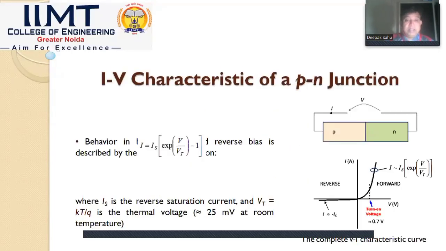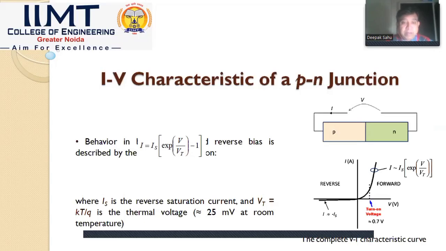Now, this is the basic diode equation. We all know I equals Is times exponential of V by Vt, minus 1, where Vt is the thermal voltage, and at room temperature it is approximately 25 to 26 millivolts. This mathematical equation can also be used for forward and reverse bias current values.